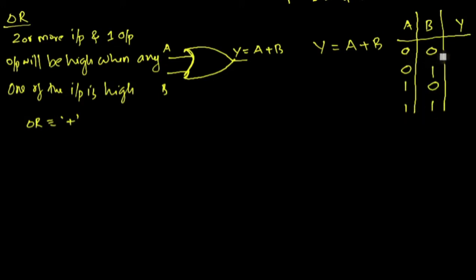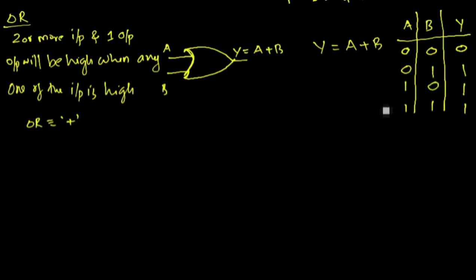So when A is 0, B is 0, both the inputs are low, so the output of the OR gate is 0. When A is 0, B is 1, the output of the OR gate is high. When any one of the inputs is high, it will be 1. Here also it will be 1. When both the inputs are high, then the output will also be 1.